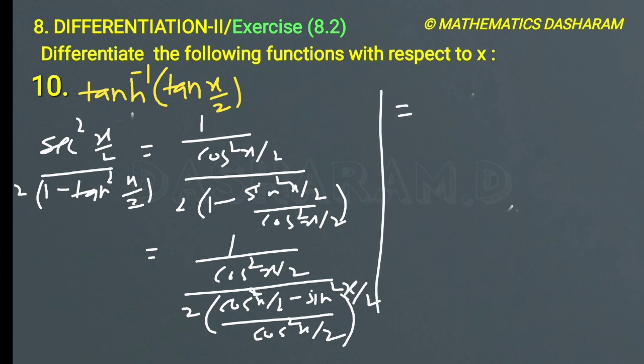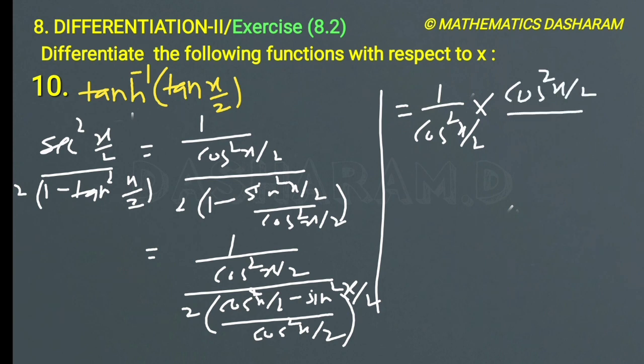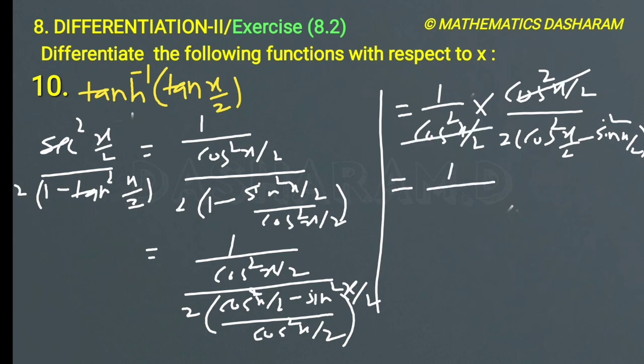Now it is equal to 1 by cos square x by 2 into, this fraction will become reversed. So cos square x by 2 divided by 2 into cos square x by 2 minus sin square x by 2. Now cos square x by 2 cancels. 1 by 2 into cos square x by 2 minus sin square x by 2.